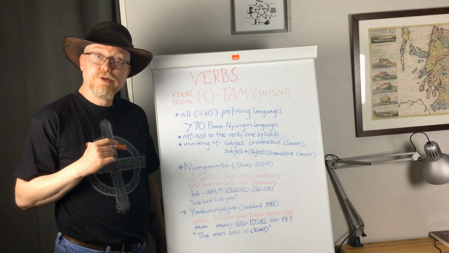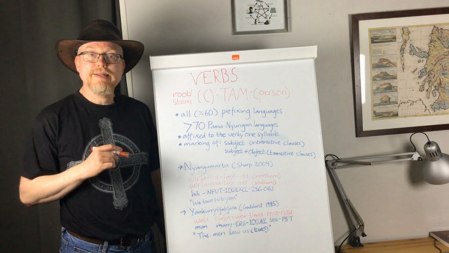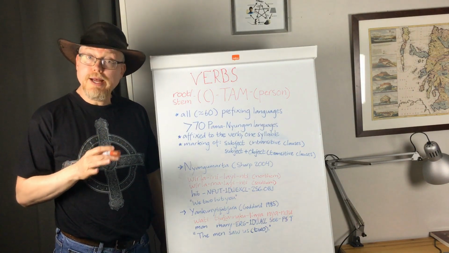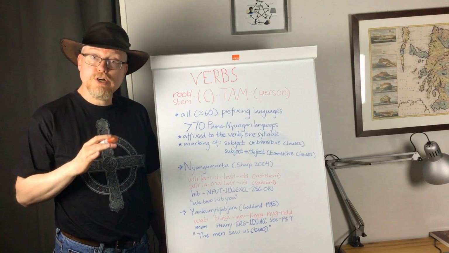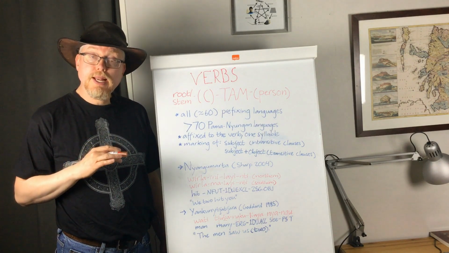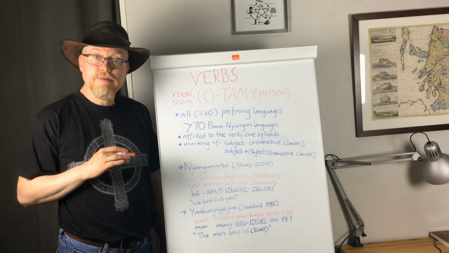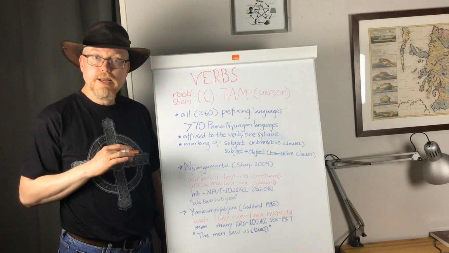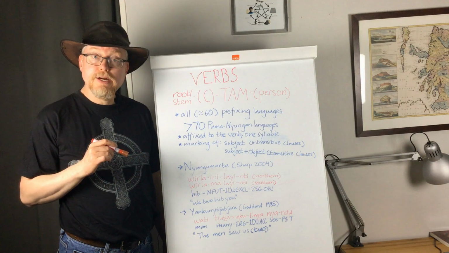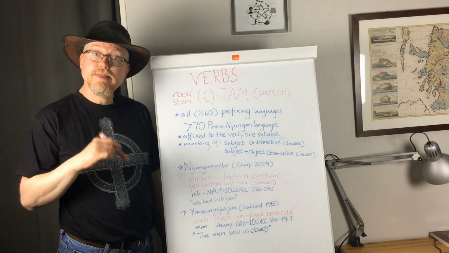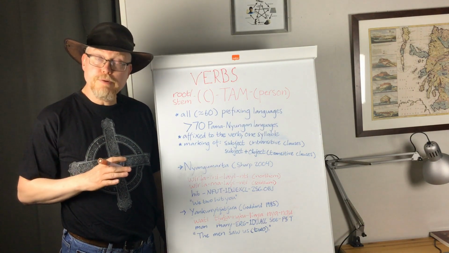So verbal person marking, what is it? Perhaps we should start by defining what it is. Well, people who are familiar with more conservative Indo-European languages, more conservative than the Scandinavian languages anyway, like my native Swedish, will be familiar with the fact that the person of the subject is marked on the verb.